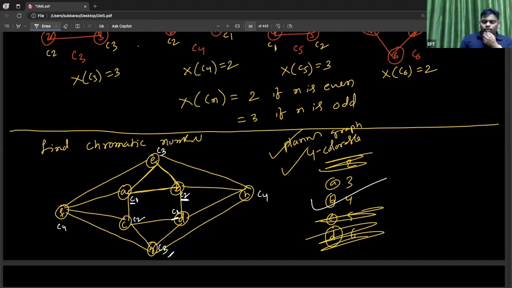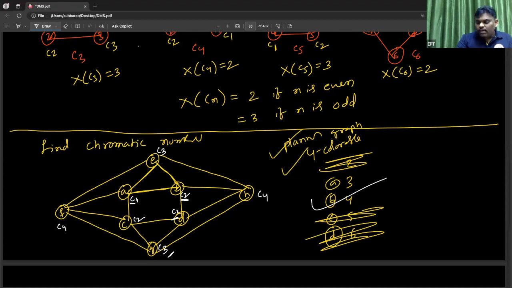Sir, to me, 3 is possible, sir. Please let me know if 3 is possible. Because it is planar, the answer is less than or equal to 4.